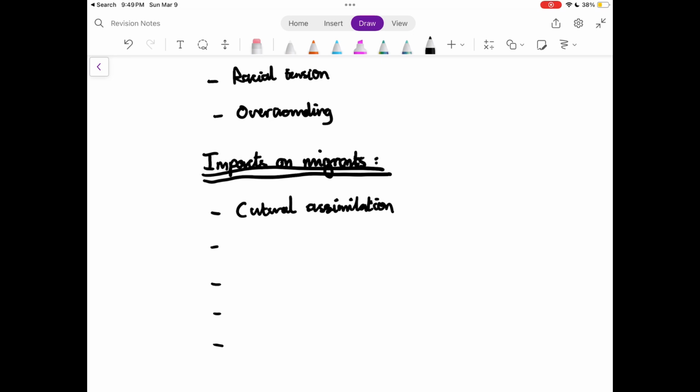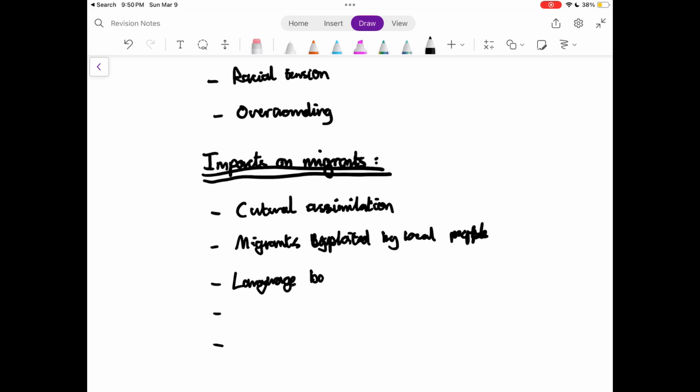Another impact is that migrants could be exploited by the local people. And then another disadvantage is a language barrier because migrants may speak a different language back home compared to the language in their place of destination.